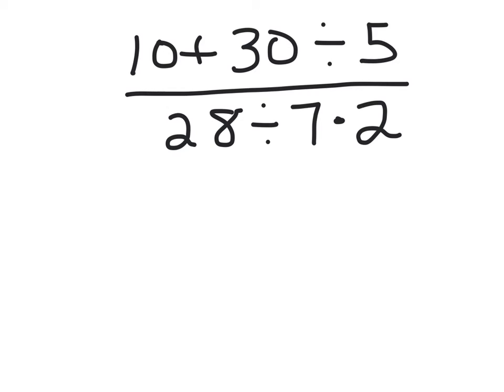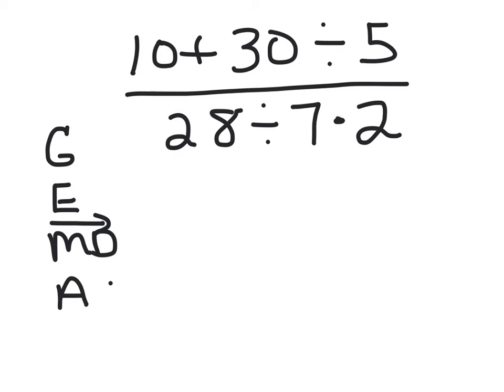Okay. Again, over to the left, I'm going to write grouping symbols come first, then exponents, then multiplication or division, I work left to right, addition or subtraction, I work left to right. Now I want to remind you that this is actually a very big division problem.